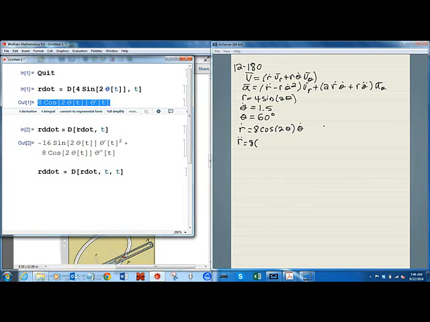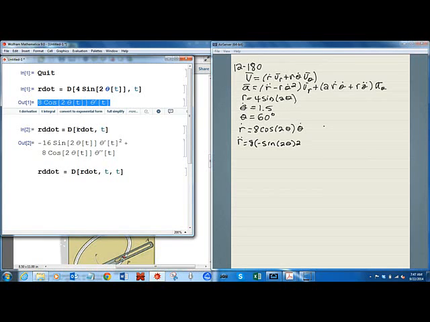Negative sine. Okay, minus sine of 2 theta. Now what? Okay, now you take the derivative of what's inside, right? Times the derivative of 2 theta, that's 2. Now what?